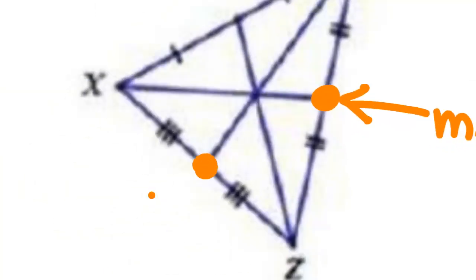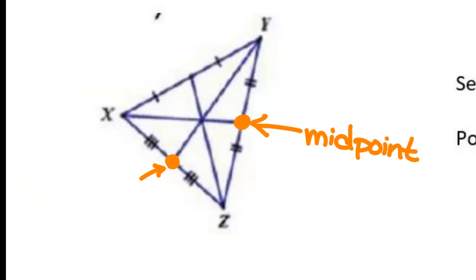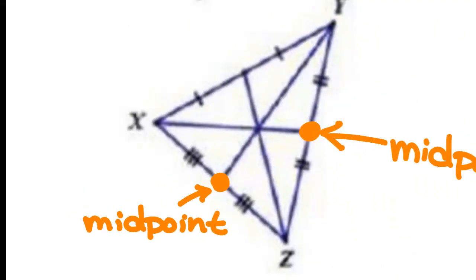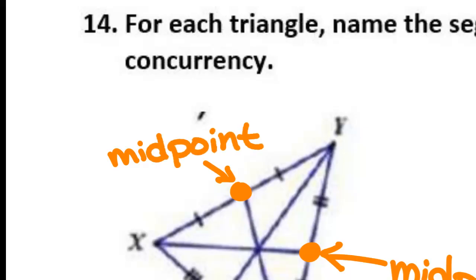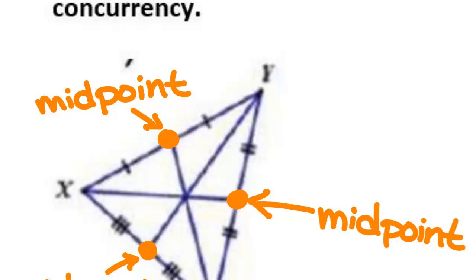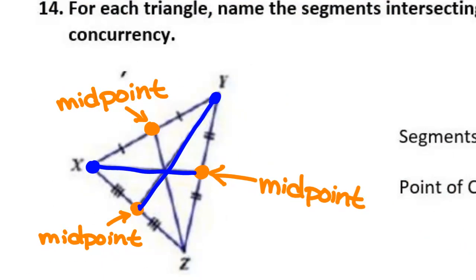So what would this point be? Midpoint. And this point right here? Midpoint. So we have segments inside the triangle that are going from a vertex to a midpoint, from a vertex to a midpoint, from a vertex to a midpoint.